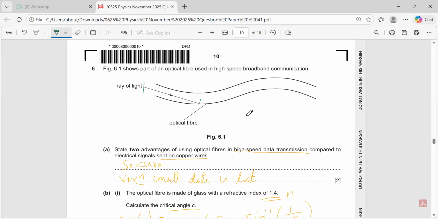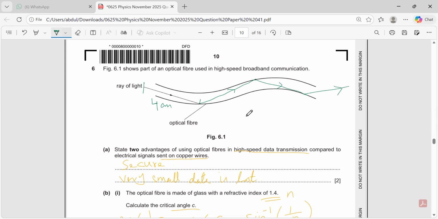If it is like 4 centimeters, I'm just assuming, then 4 centimeters almost here. Upper side, then it will totally internally reflect downward up to here, let's suppose, and then it will go out. Something like this you can draw.